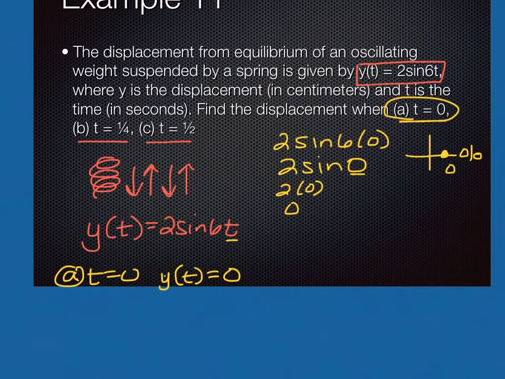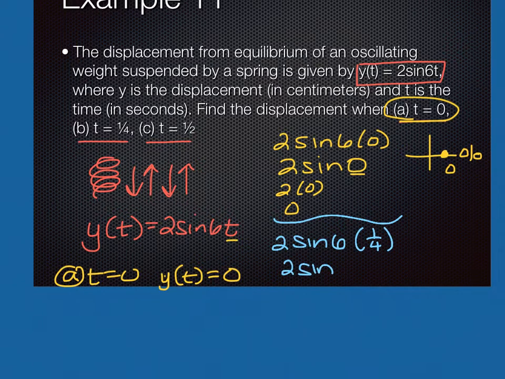Then we're going to repeat that whole thing for 1/4. So 2 sine 6 of 1/4 is 2 times the sine of 3 over 2. If this was an angle that you could find on your unit circle, say sine of 3 pi over 2, then I would find the exact value using the unit circle and then multiply it times 2. But because this 3 over 2 is not something that's on our unit circle, we're going to use a calculator.